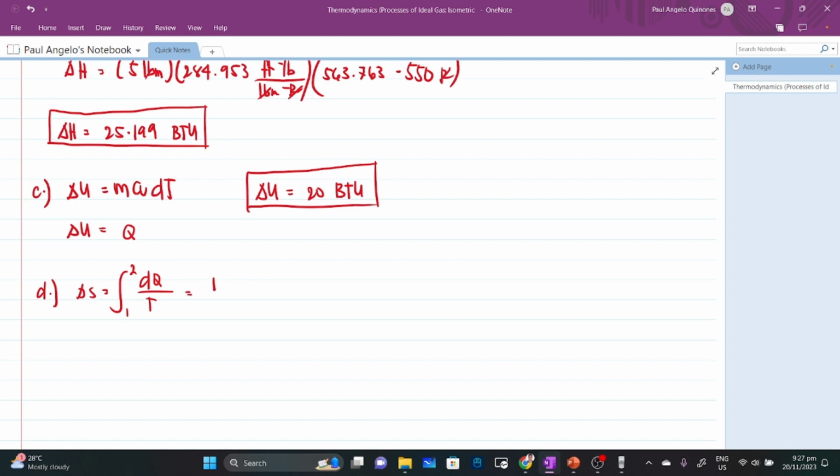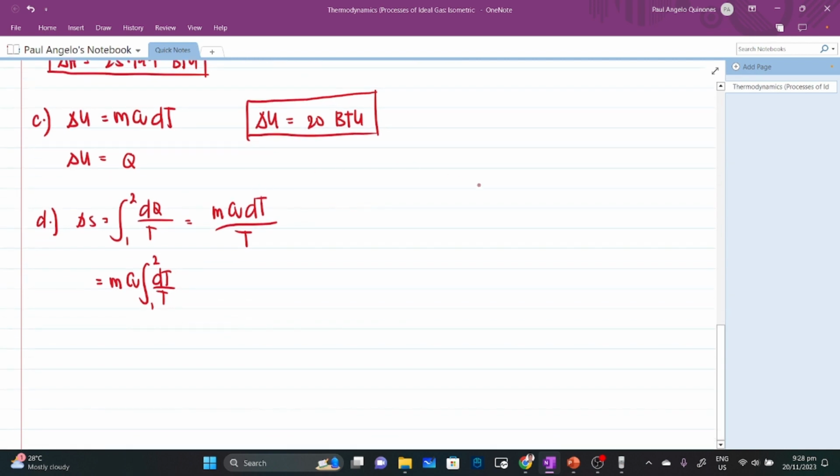This is mCv dT over T. Since mCv is constant, we take them outside the integral sign. We will have mCv integral of dT over T from point 1 to point 2. Therefore, the change in entropy is equal to mCv ln T2 over T1.